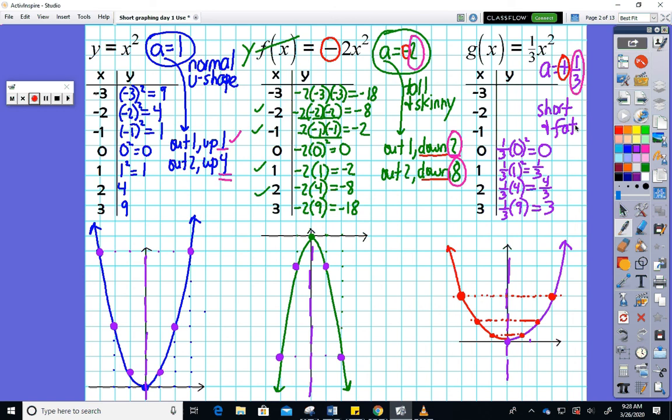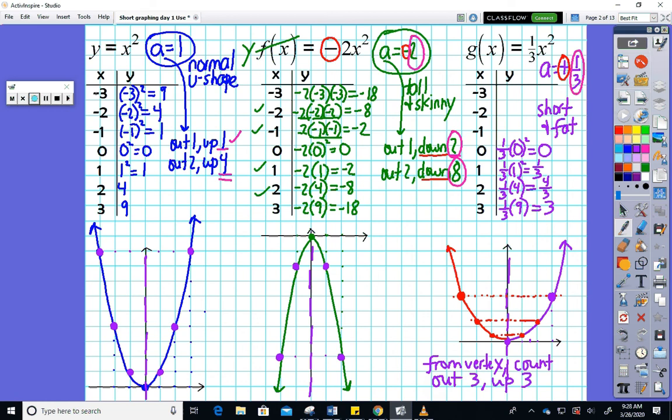Like on this one, the purple one, my best counts were from the vertex out 1, 2, 3, up 1, 2, 3. So from the vertex, counting out 3, up 3, gave me my cleanest points.